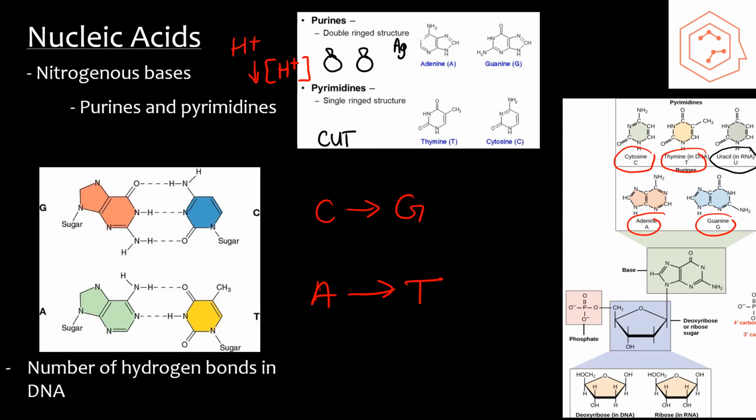So when you have guanine and you have cytosine on the other side, you form 3 hydrogen bonds. When you have adenine and you have thymine, you form 2 hydrogen bonds. This occurs in a double-stranded DNA helix.